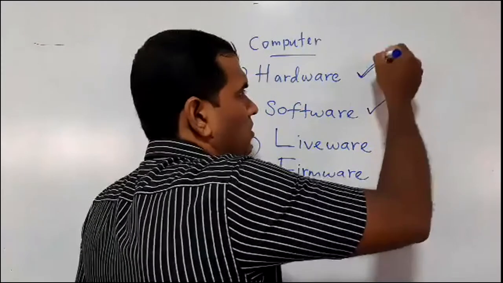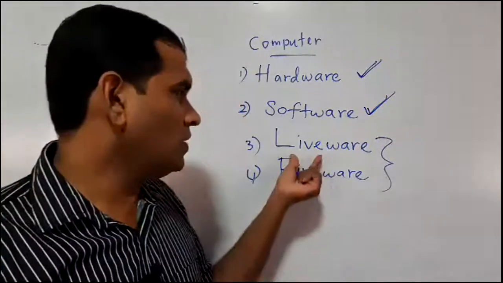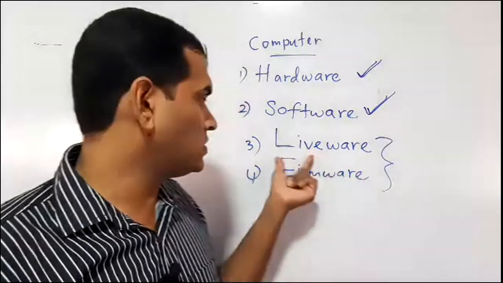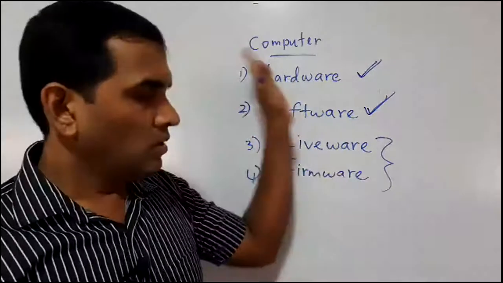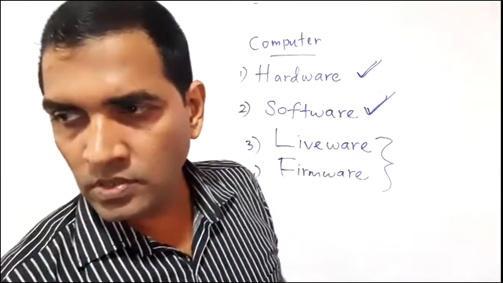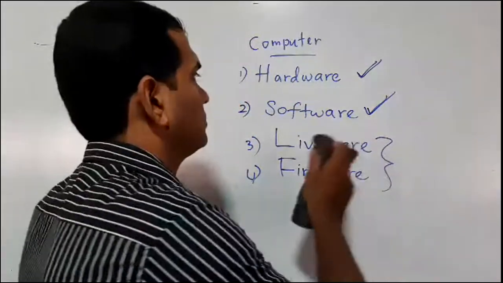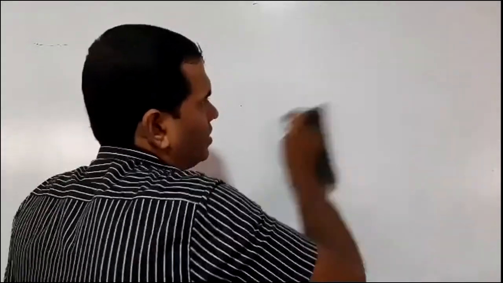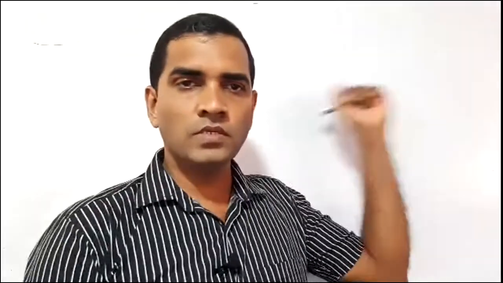Maybe for these two, there is actually nothing to explain in detail, but we will take some things about these two, not now. Okay, so these are the 4 components of a computer system. Hereafter, we have to discuss the first component, which was written just now, hardware, computer hardware.